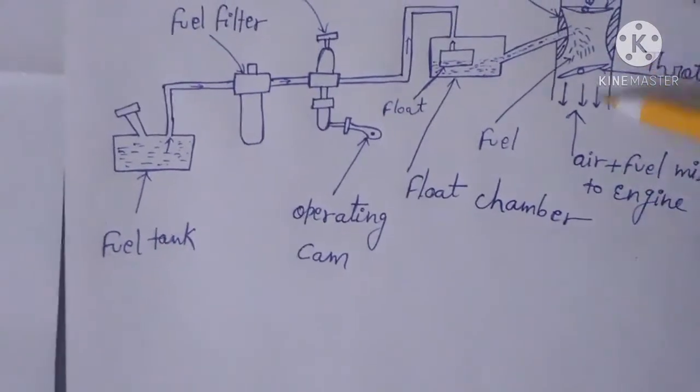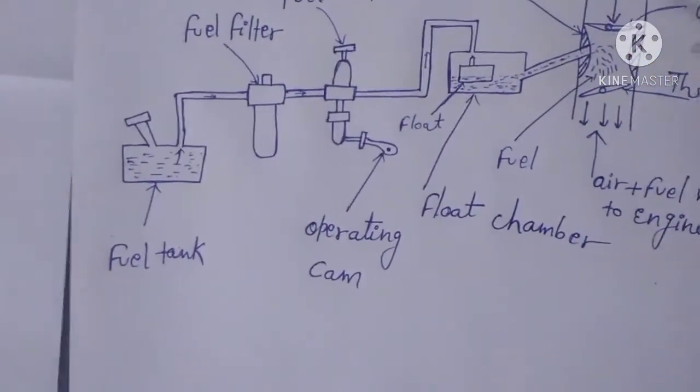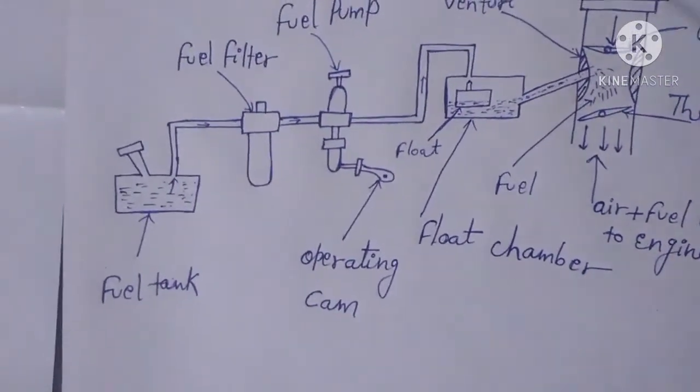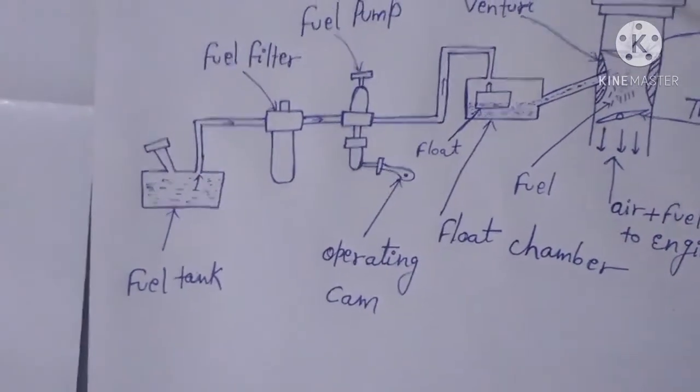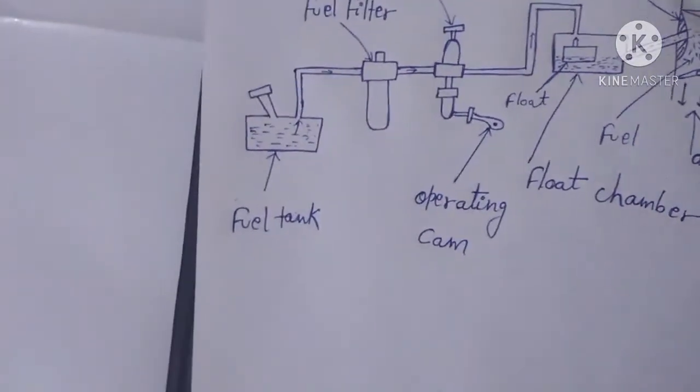The mixture goes to the engine, and this is controlled by the throttle. So the main function is, notice here, the choke valve only prevents the air and the throttle valve controls the mixture, that means the air plus fuel mixture.